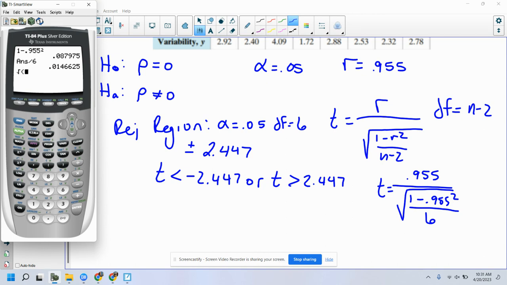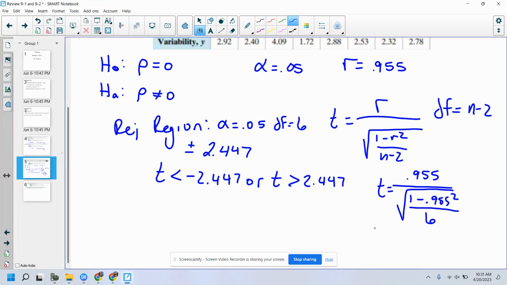Okay, square root it. 0.955 divided by that. Yeah, 7.89. Okay.